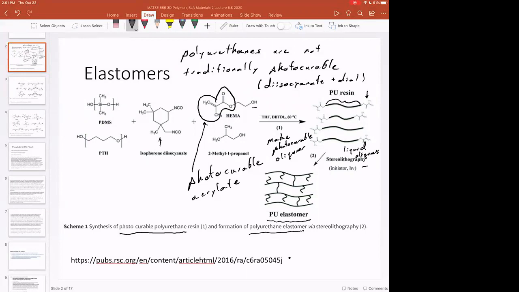So this strategy of acrylate and methacrylate end groups for SLA doesn't work for all polymers.